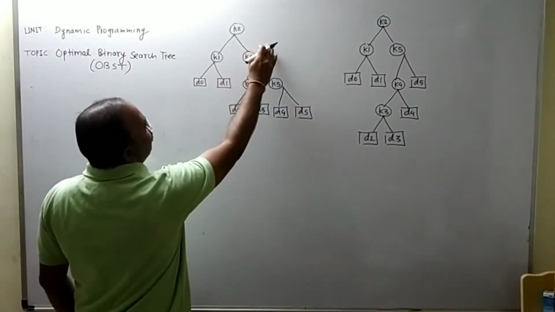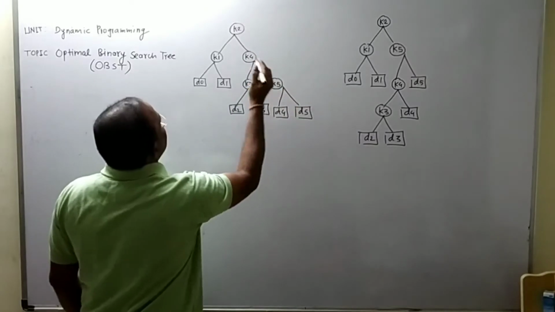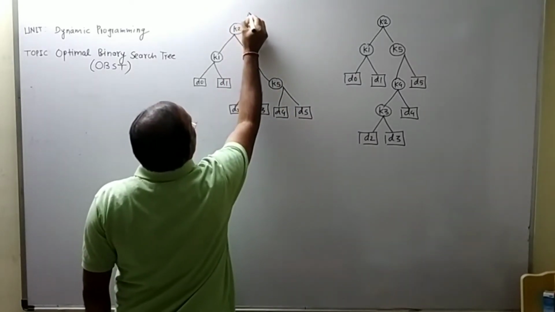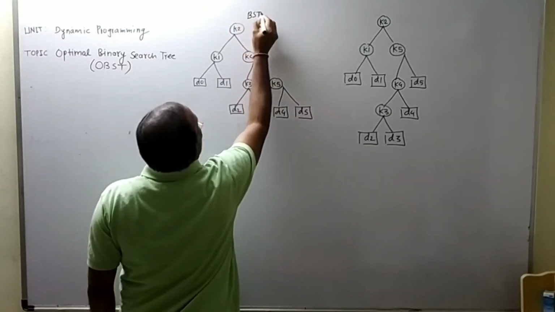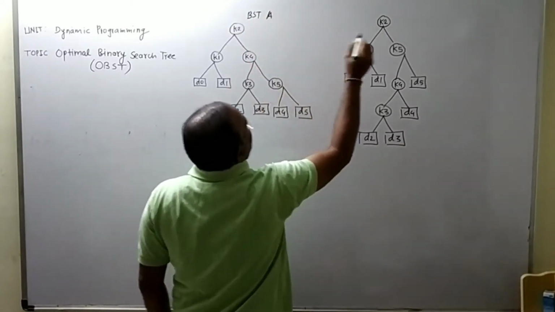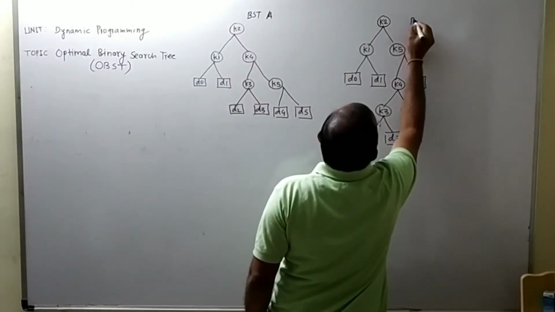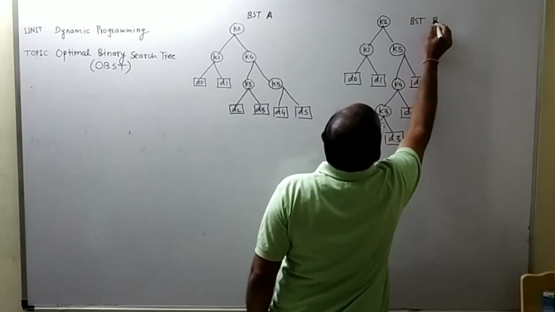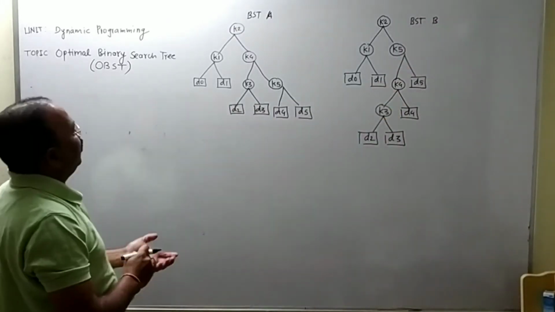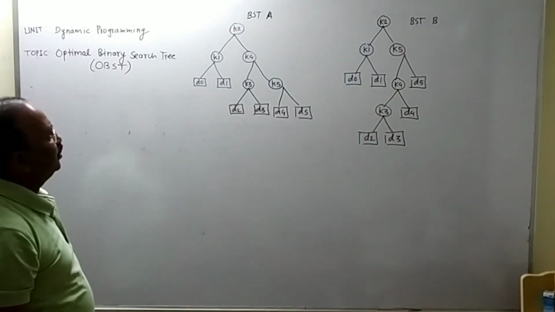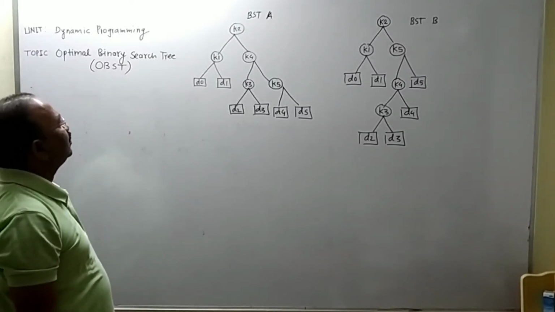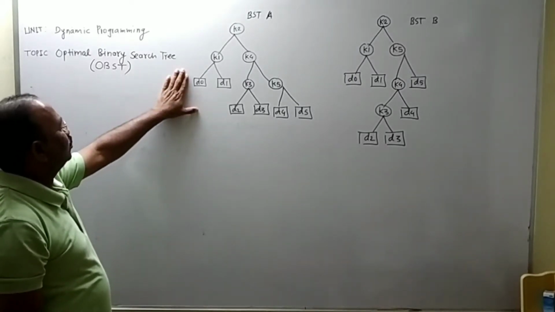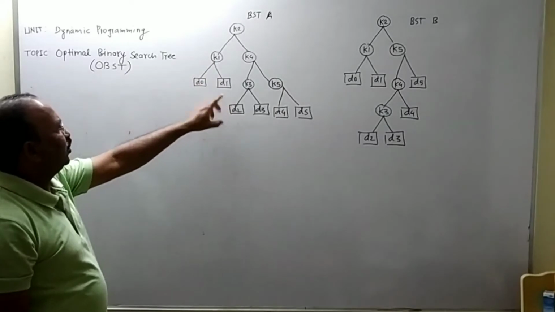We have considered two binary search trees. Consider this as BST-A and this tree as BST-B. Now first we have to find out the equation to get the expected searching cost for searching the actual keys.